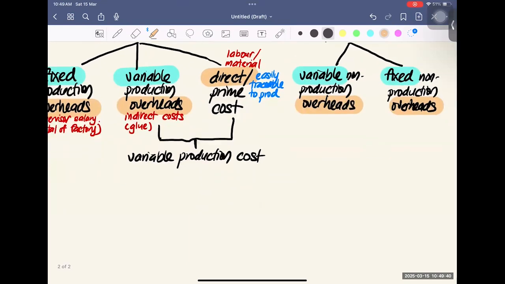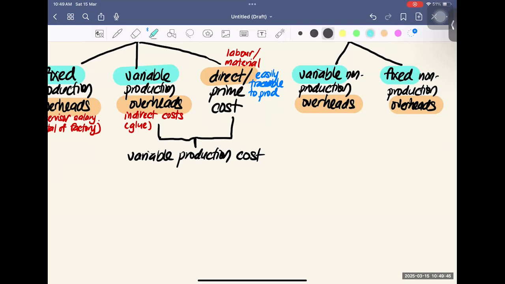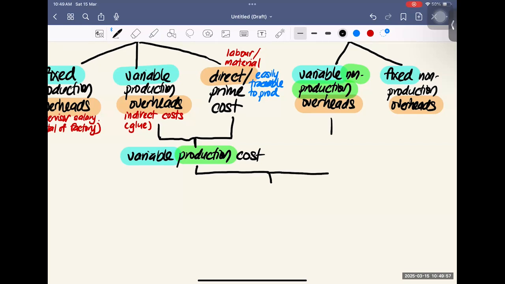So therefore, your variable production cost and your variable non-production overhead, what's the similarity? Like what you can see here, both of them are variable. So this is what we call total variable cost.